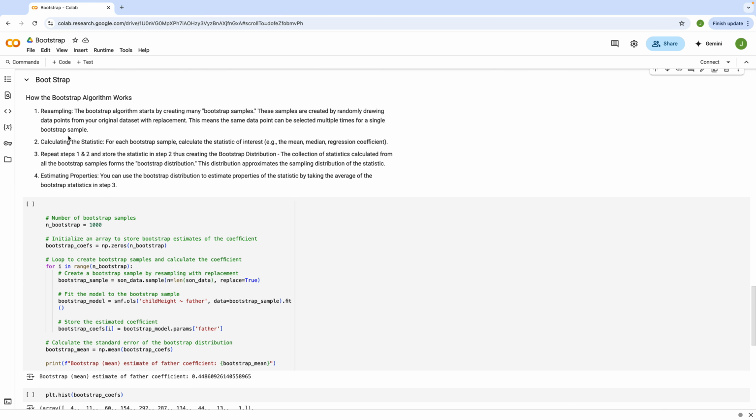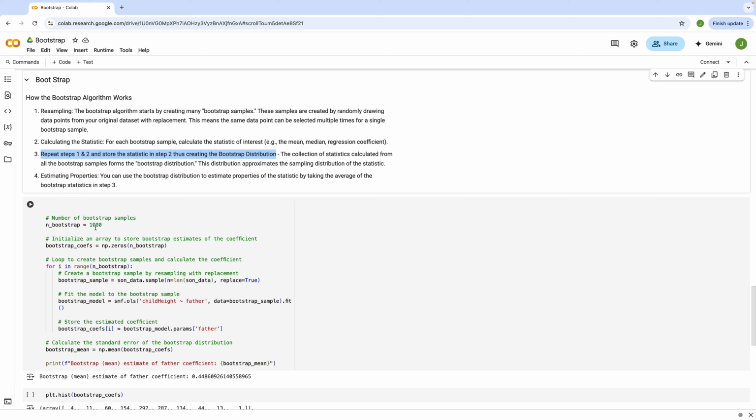So here's the algorithm for the bootstrap. The first step is to resample your data with replacement. So you're going to generate a new data set with replacement, and then you're going to calculate that statistic based on the formula you have. That is one bootstrap. What you're now going to do is repeat steps 1 and 2 to create the bootstrap distribution, and you're going to repeat it a set number of times.